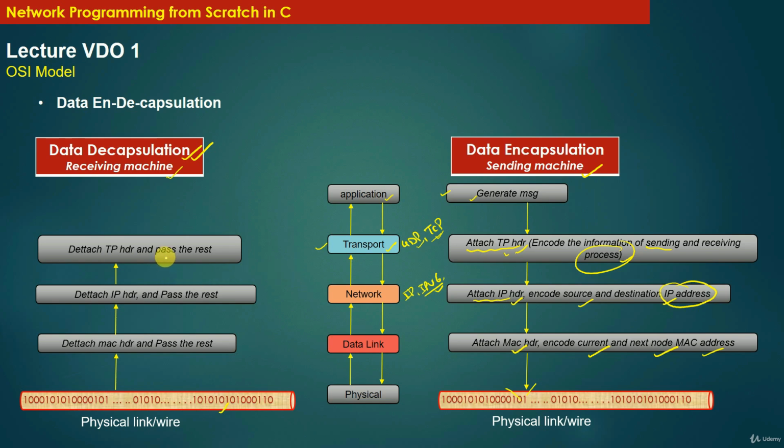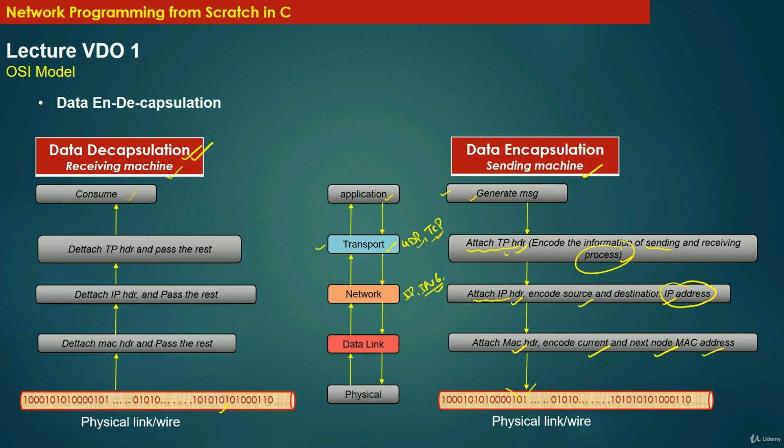And the transport layer does the same thing. It detaches its own transport header, examines the transport header, and passes the rest of the message to the application running on top of the transport layer. The application finally consumes the data, or optionally, the application can reply back to the sending machine.